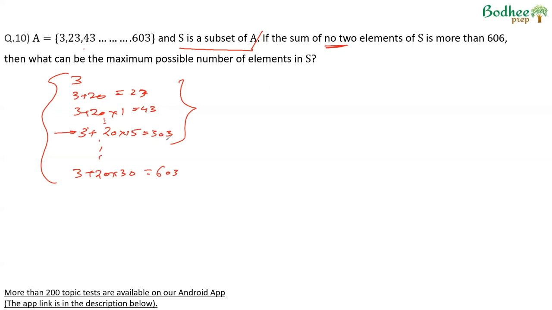If we are taking anything that is beyond 303, any two terms will always add up to more than double of 303. So we can choose terms from 3, 23, 43 up to 303, which will be a total of 16 terms out of 31. They can be put in S. Basically, half of 606 and less than that, adding two terms will never reach 606, and 16 therefore becomes my answer.